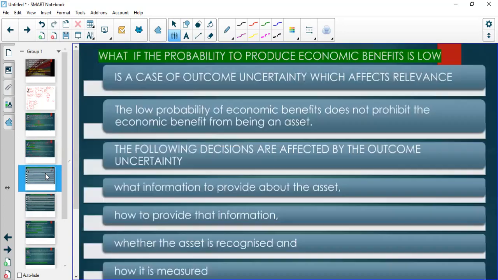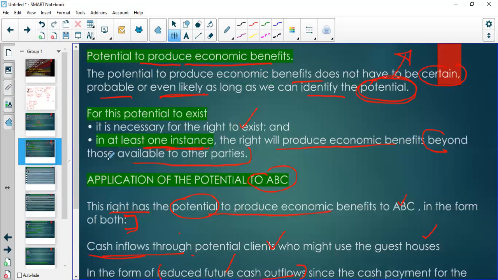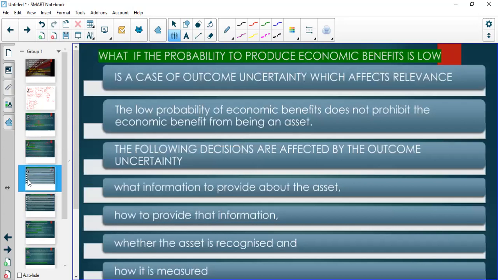Okay, so then we go to the concept of potential, because that now has to do with probability, likelihood. So we're going to discuss the concept. What about if the chance to produce economic benefits is low? We don't care. If the probability or the potential to produce economic benefits is low, we don't care.